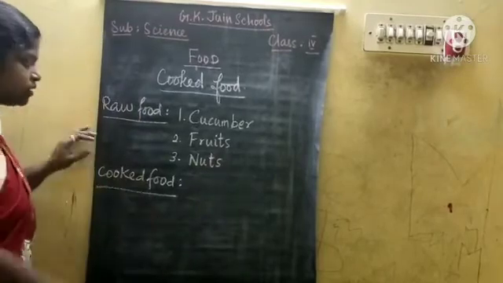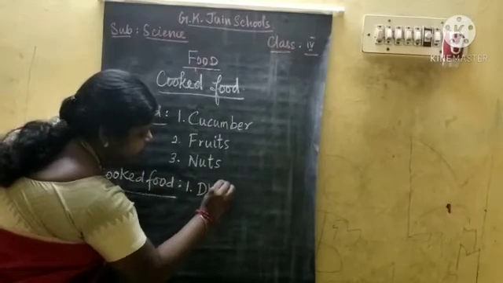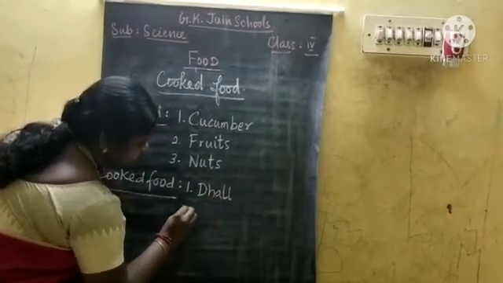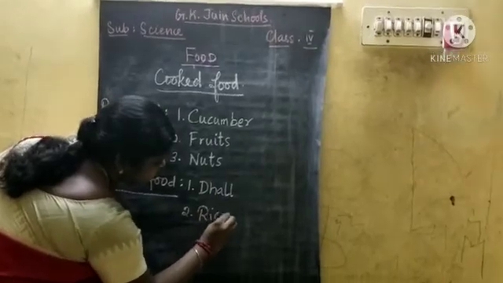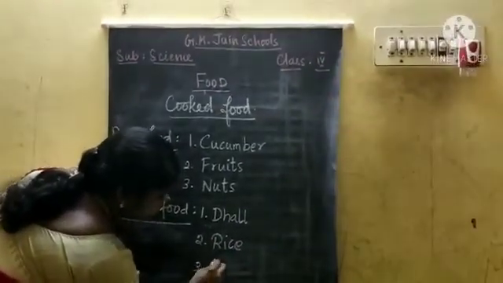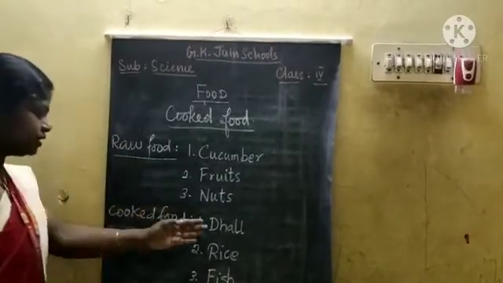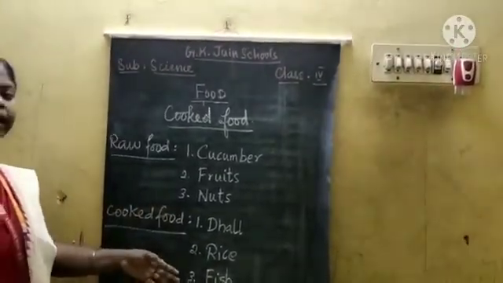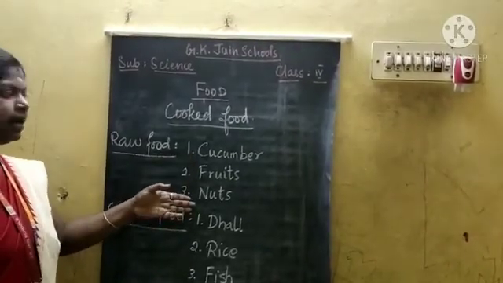For cooked foods: dal, rice, fish. So these 3 things cannot be eaten raw, and those 3 can be eaten raw.